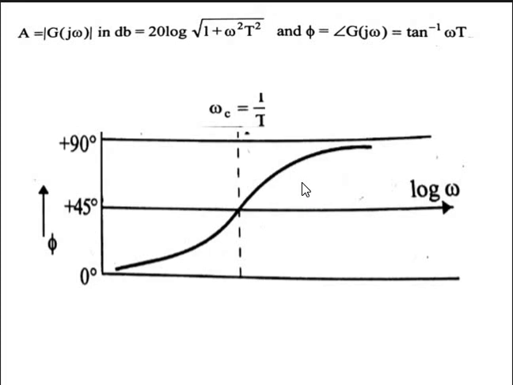The second factor is poles at the origin and zeros at the origin, single pole or multiple poles. Factor 3 is a simple pole and simple zero, that means a pole other than the origin, a zero other than the origin. These are the three factors. If we know how to draw the Bode plot for these three factors, then we can easily draw the Bode plot. In the next video we will go to the problems.